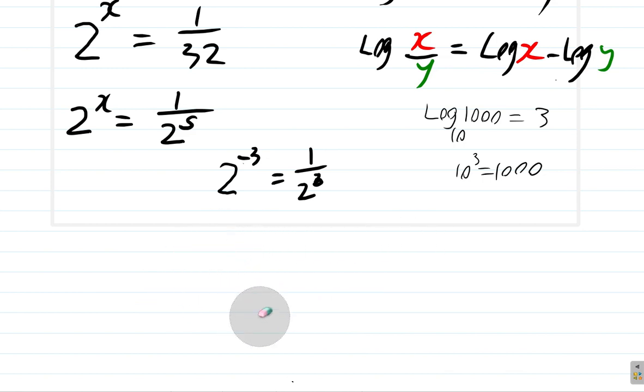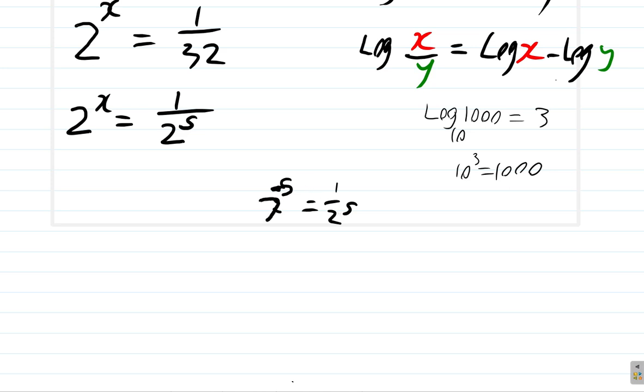So here, it's this we're talking about. This is what we're interested in. 2 to the x is equal to 1 over 2 to the 5. Now, 2 to the something is equal to 1 over 2 to the 5. From what we did a while ago, it would have to be 2 to the negative 5, which is equal to 1 over 2 to the positive 5. See that? 2 raised to the power of negative 5 is equal to 1 over 2 raised to the power of positive 5.